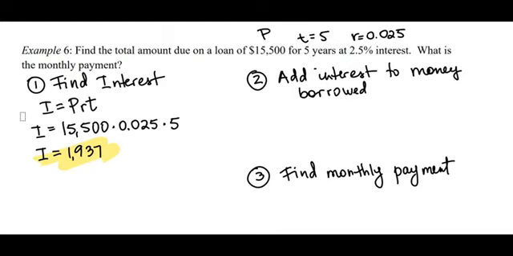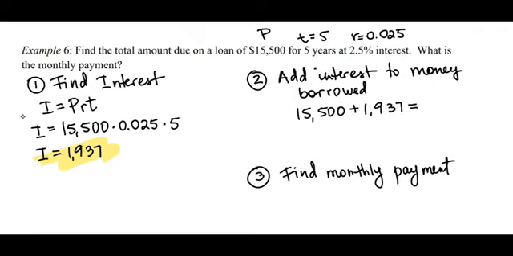Now we need to find the total cost of this loan, which is over time, in 5 years, we will repay $15,500 plus the interest that is owed. So here we're going to add 15,500 plus 1,937.